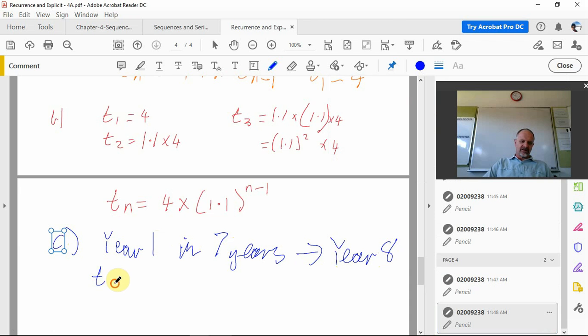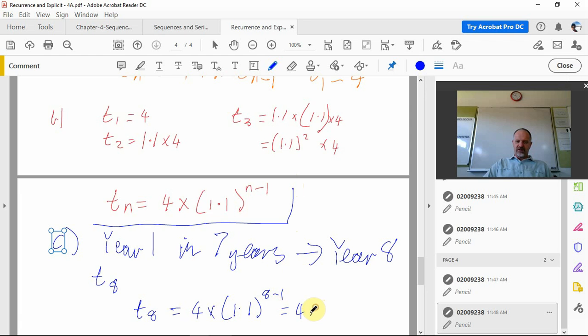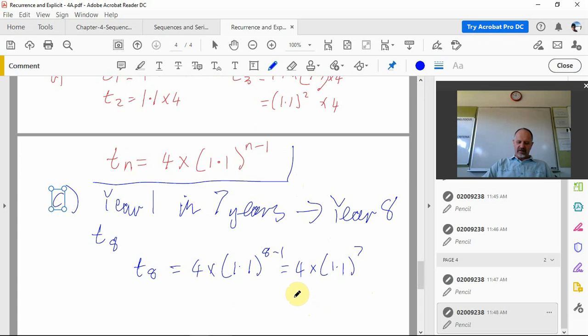So that's term 8 that we're looking for. If we use the explicit relationship, term 8 would be 4 times 1.1 to the power of 8 minus 1, which would be 4 times 1.1 to the 7, which you can then get out your calculator and work that out.